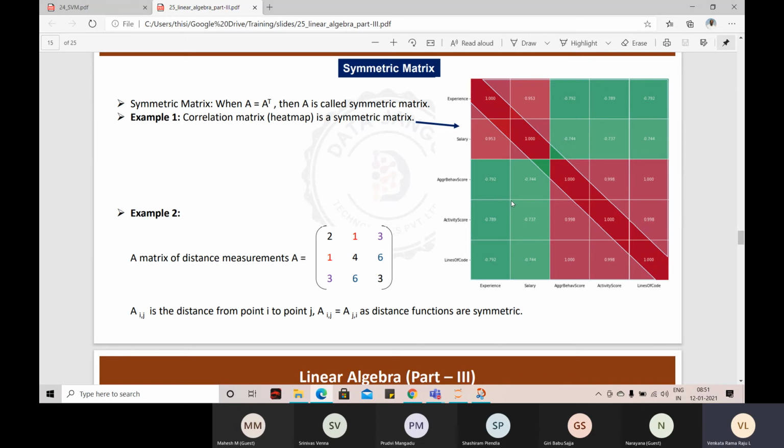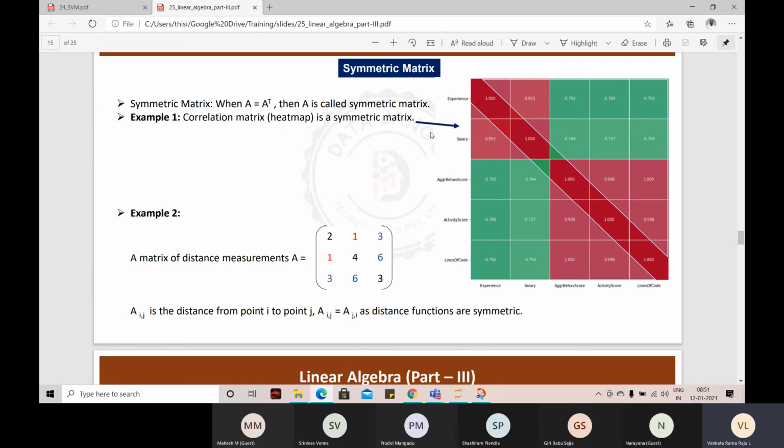When we try to do a confusion matrix on multi-class classification, is that a symmetric matrix? Even when the model is working fine or not, it is a symmetric matrix only, right?